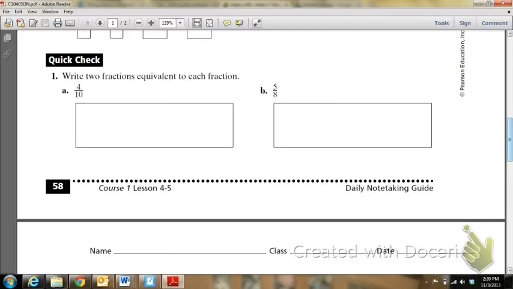In quick check 1B, you're going to come up with two fractions that are equivalent to 5 over 8. However, there's no common factor other than 1 that goes into 5 and 8. So you will have to find two equivalent fractions by multiplying 5 and 8 by the same number to get your equivalent fractions. So pause and try those, and when you're ready, move on to the next page.